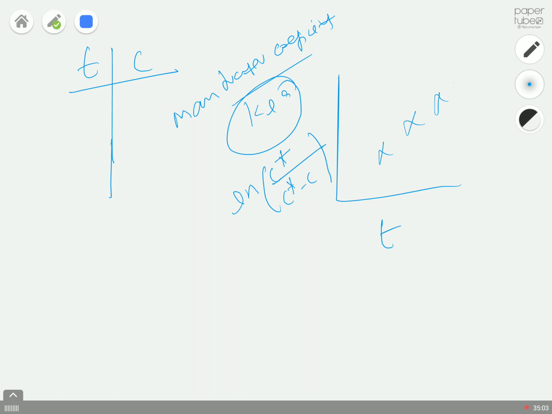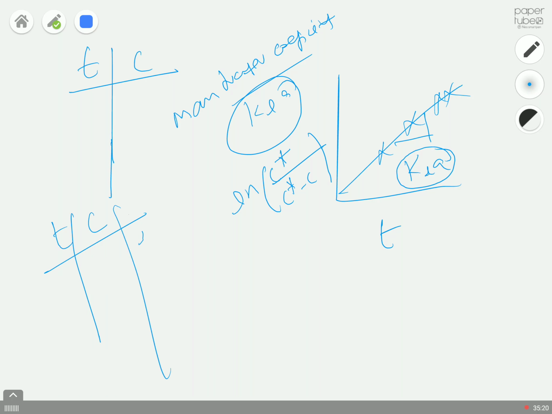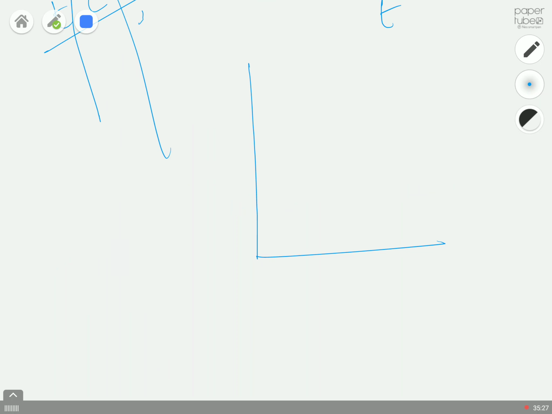You plot your data here and then take the slope. That slope will be equal to KLa. I don't think we need to solve a problem; you can do this by yourself. If you have time and concentration, you make a plot, take the slope, and from that you get your KLa value. I think that's enough for this one.